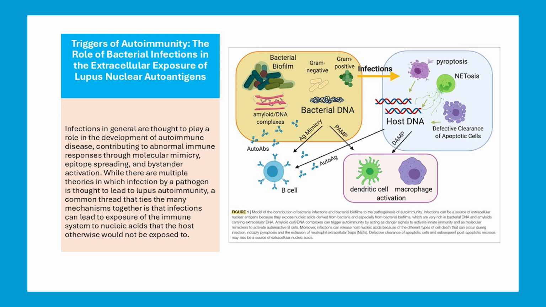Additionally, the nucleic acid from bacteria and viruses in infection and in lupus, in particular Epstein-Barr virus, are detected via pathogen-associated molecular patterns, and an inflammatory response ensues, which can contribute to abnormal immune responses through molecular mimicry, epitope spreading, and bystander activation. Therefore, the stage is set by a dysbiotic-driven improper immune response to a trigger, viral or bacterial, resulting in immune cross-reactivity with your own cells.